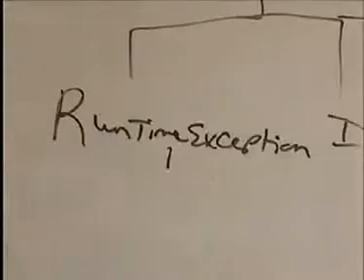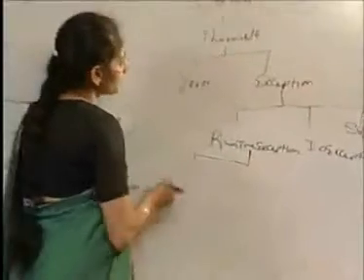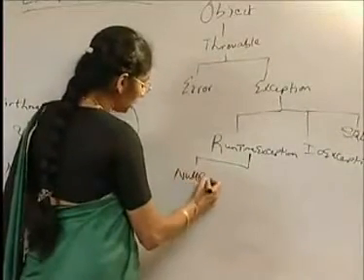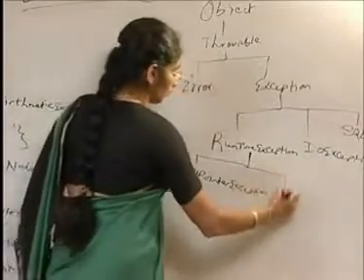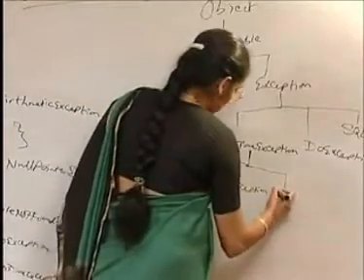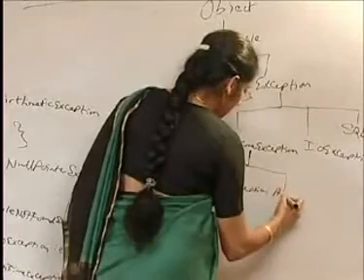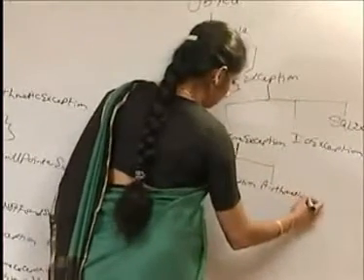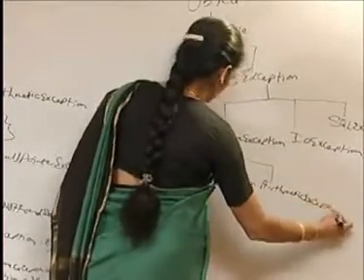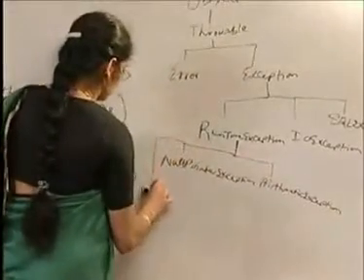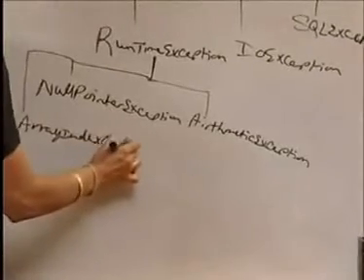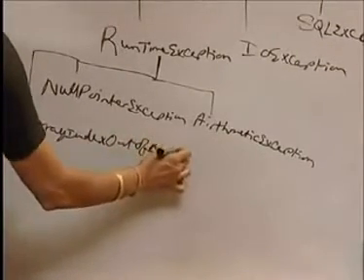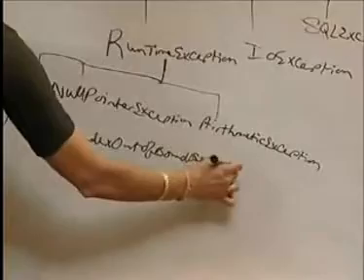From runtime exception, some of the examples of runtime exception are null pointer exception, arithmetic exception, array index out of bounds exception, illegal access exception.